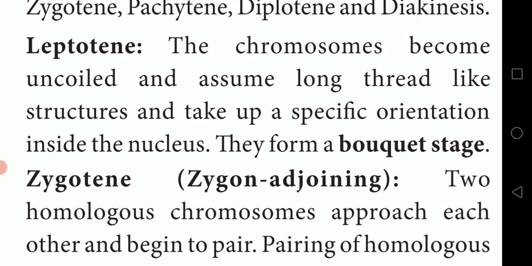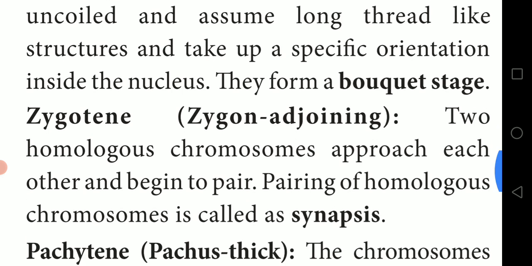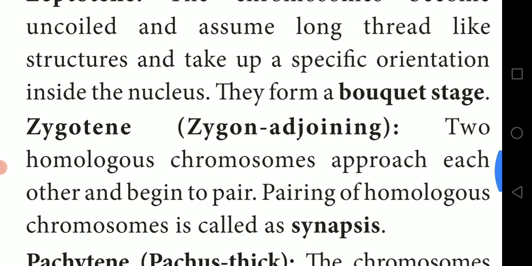Next is zygotene. Zygon means adjoining, meaning they just come near. The chromosomes come near. Two homologous chromosomes approach each other and begin to pair. The pairing of homologous chromosomes is called synapsis.